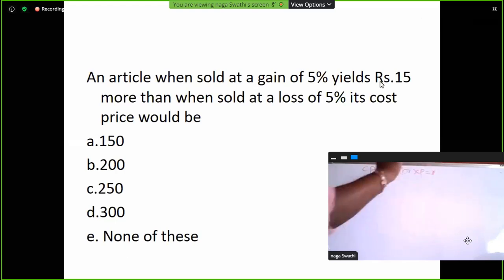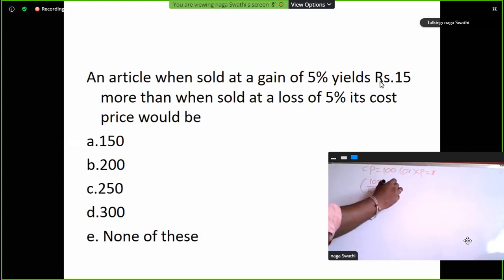These are assumptions. Clear? Okay. So here 5% gain, right? So 100 plus 5% profit on cost price only. So 105 percentage, 105 percentage of x.